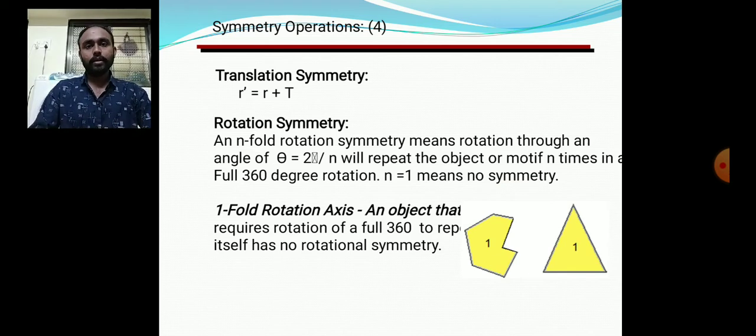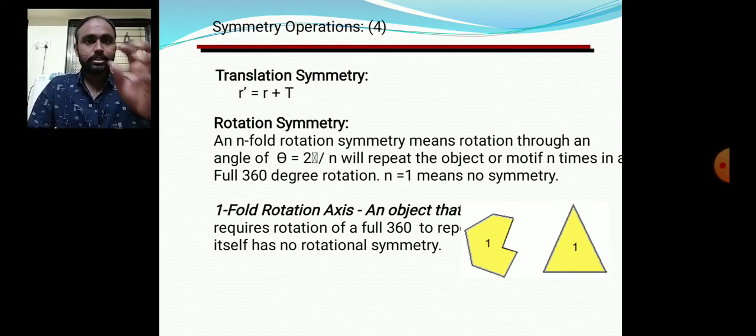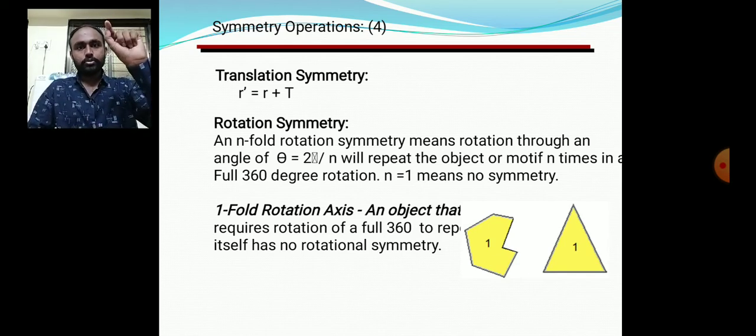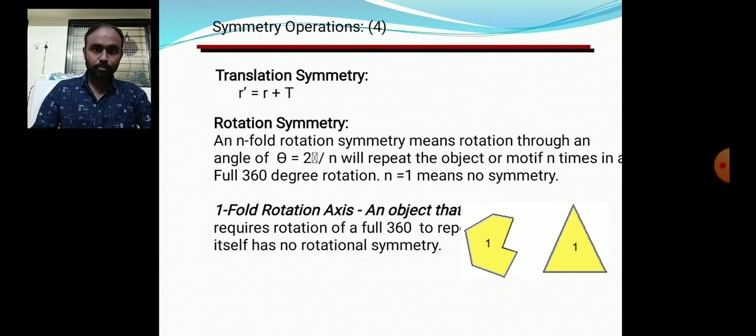Any crystal, any object, if we rotate it by 360 degrees, looks exactly the same again. Yes or no? You start from 0, then 90, then 180, then 270, and again it comes to 360, which means you are coming to the original position. So any object rotated by 360 degrees looks exactly like its original position.